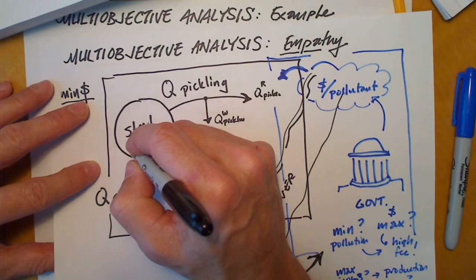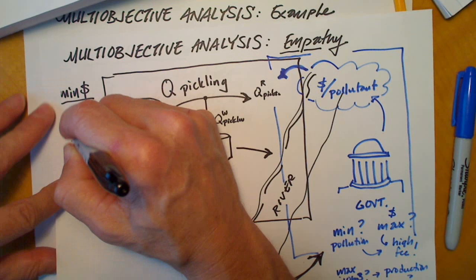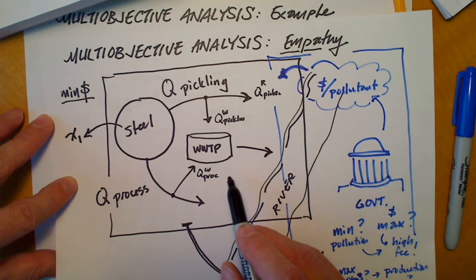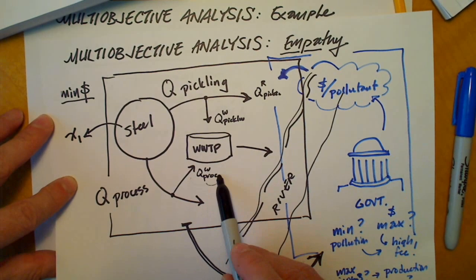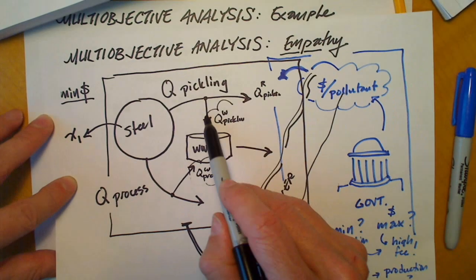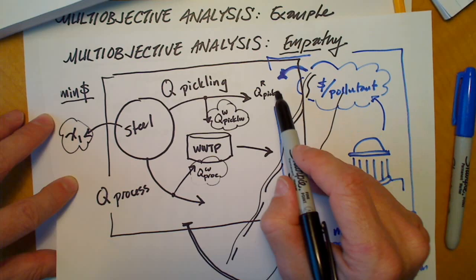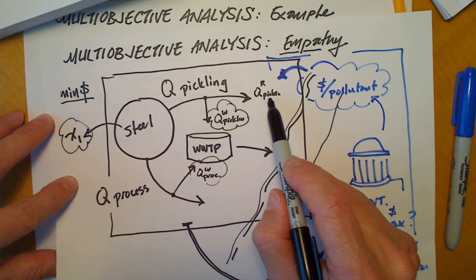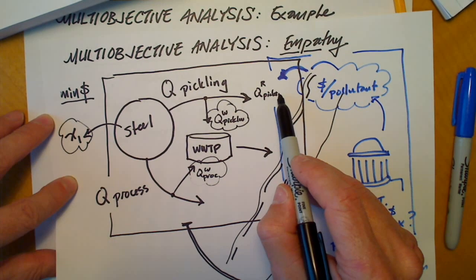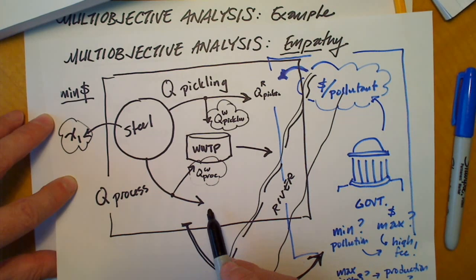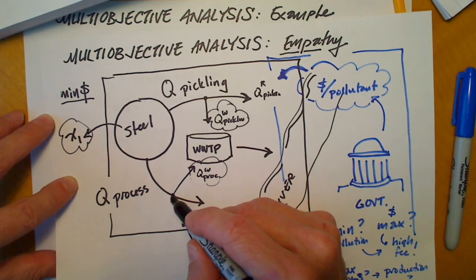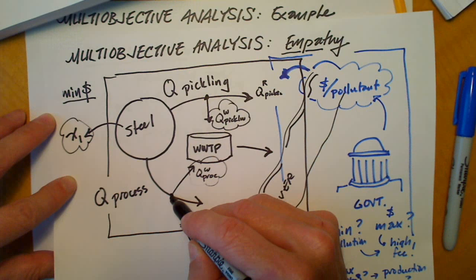Right now, there's steel for sale. The decision variables that we've identified on our diagram are here, here, and here. We don't need to say how much of the pickling waste goes into the river or how much of the process waste goes into the river because of these balance constraints.